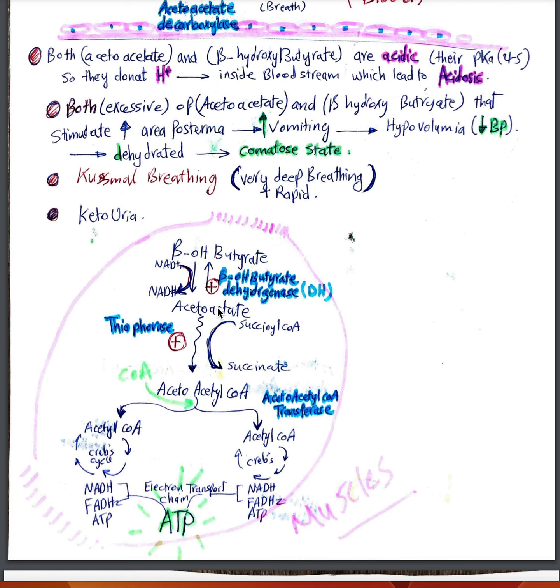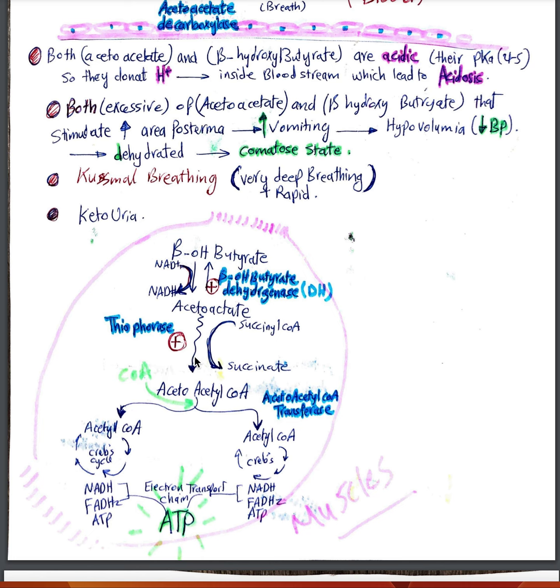But now the action is reversed, and that leads to the production of NADH. Focus on this, because if the NADH to NAD positive ratio is increased, that leads to lactic acidosis.